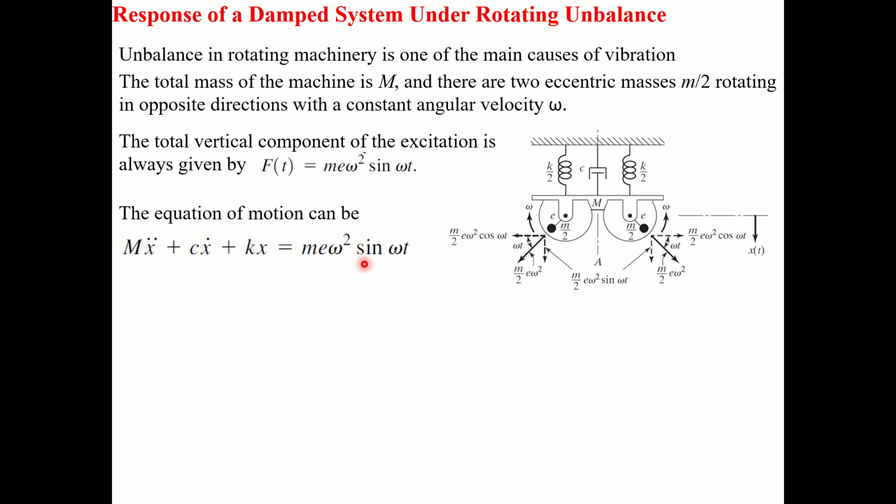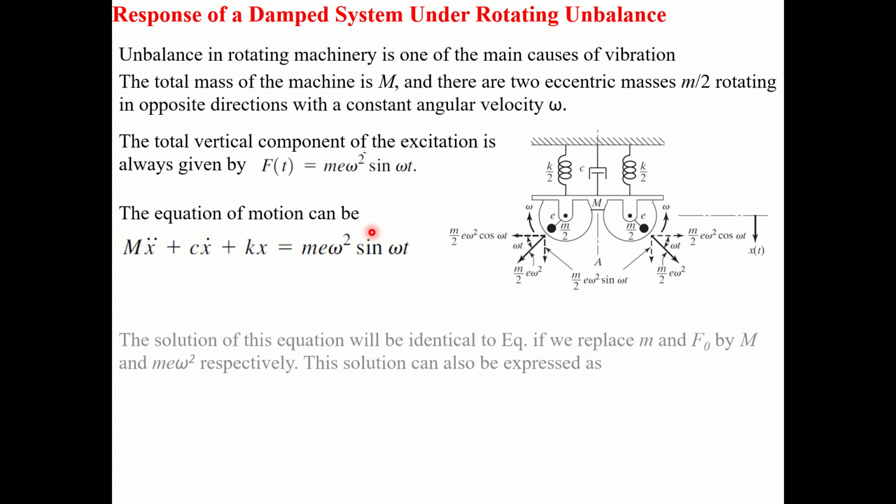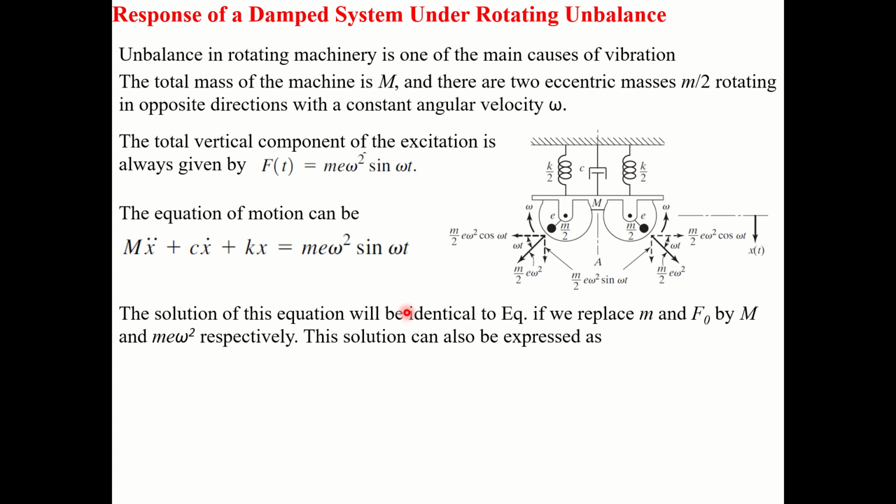Whatever derivation we did previously is applicable to this. The only thing is that here we have a different forcing function, that is F(t) = m e omega square sin omega t. Next, the solution of this equation will be identical to the last equation if we replace m by M, the total mass, and F naught by m e omega square respectively.